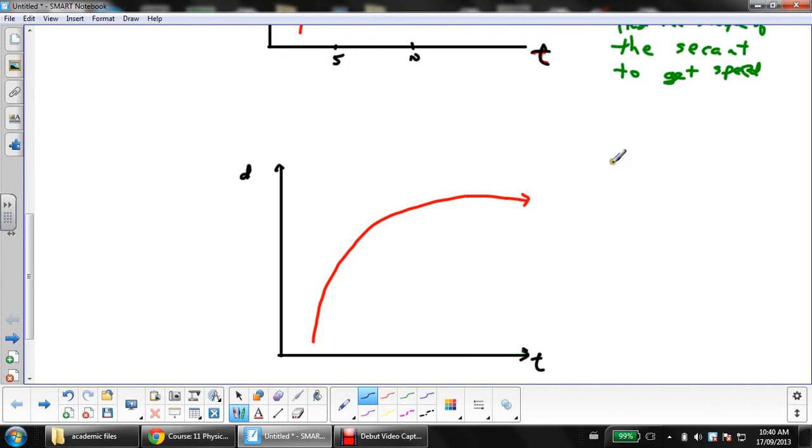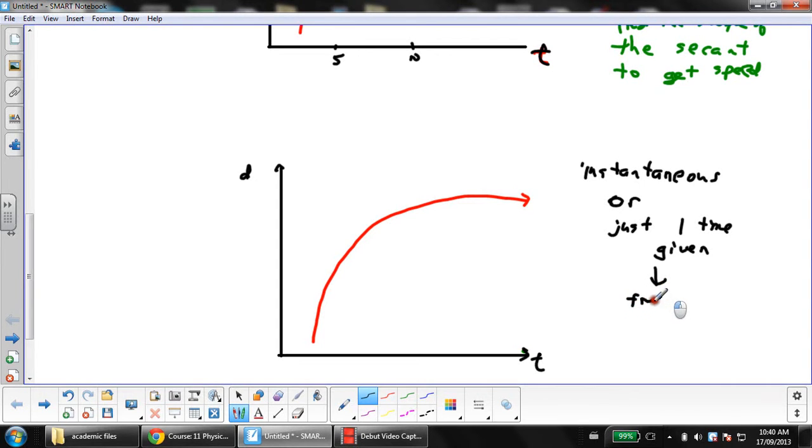And you might be asked to find instantaneous. Might be the code word in the question that you look for, or just one time given. Yes? As an example there, find speed at t equals 5 seconds.